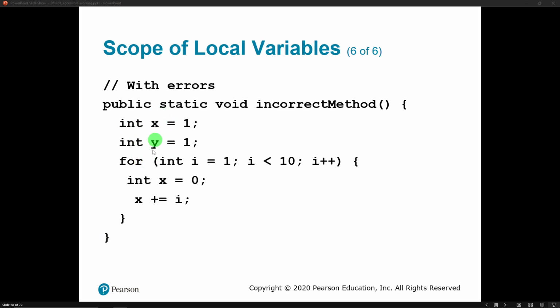So that means it also exists inside this for loop, because the for loop is inside the scope of this block where x was declared. We cannot declare x again right here. So be careful about that. You can't declare a variable of the same name if it's inside a block of code that's nested inside another block of code where that variable already exists.